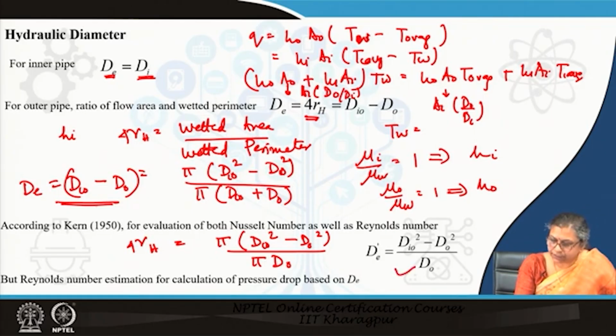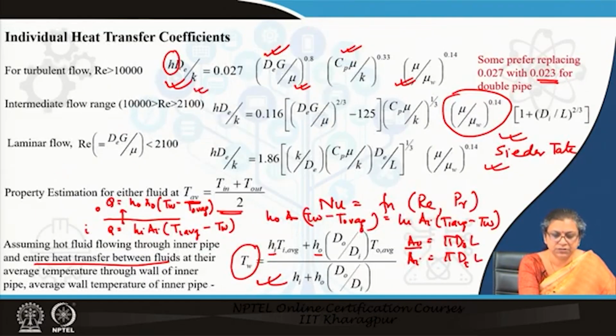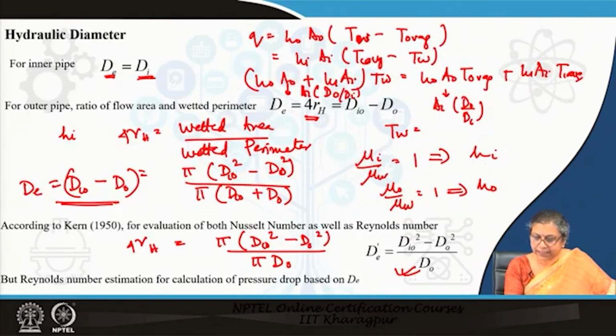So, according to him, he suggested that the equivalent diameter for heat transfer, or in other words, the equivalent diameter used in this Nusselt number, in this Reynolds number, should be calculated by using this. And when we calculate the Reynolds number for finding out the pressure drop, under that condition we should be using this.